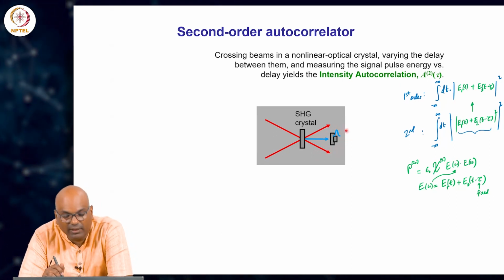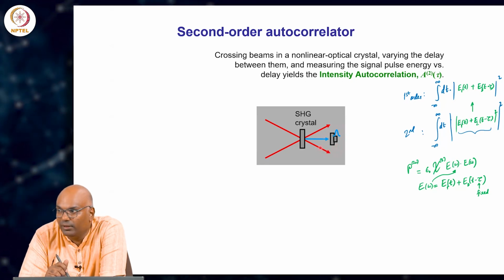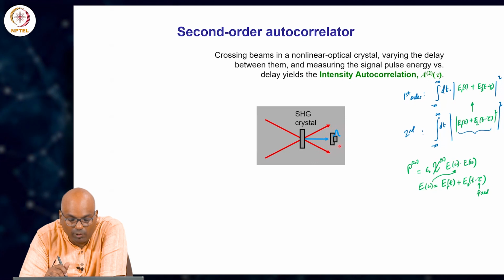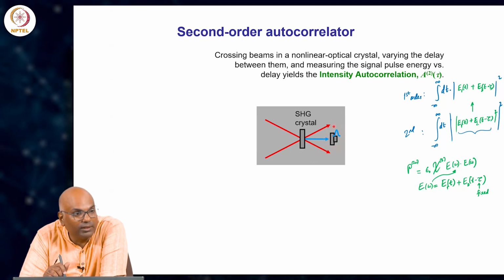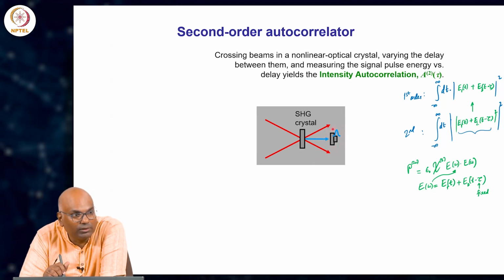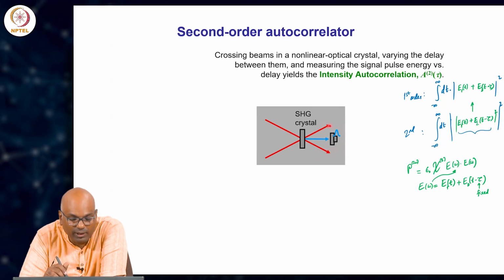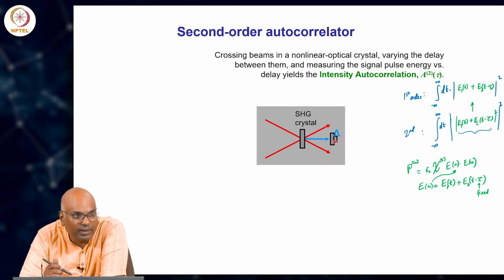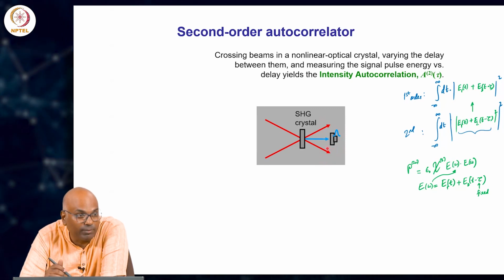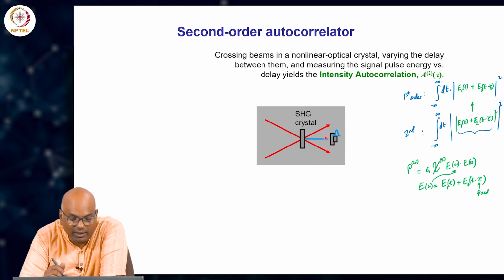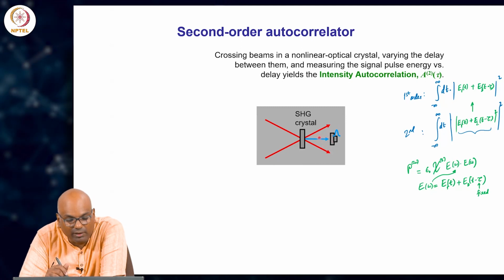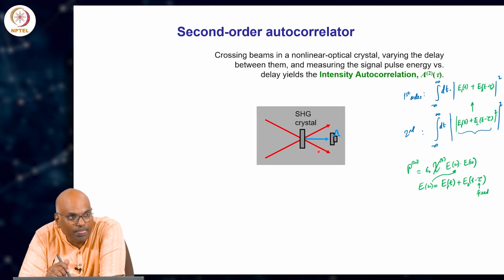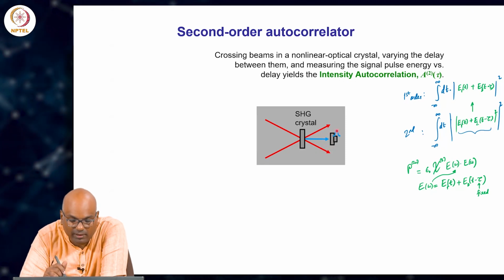If I just stick a detector in, the detector will faithfully measure all the electromagnetic signal incident on it. I am assuming here that the detector is sensitive to both omega and 2 omega, which usually tends to be the case, or you can be clever and buy a detector which will only detect the second harmonic signal, which is also what sometimes is done, but keep that as an aside.